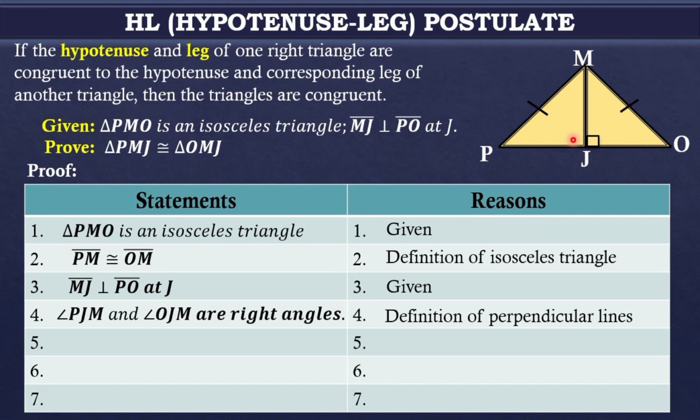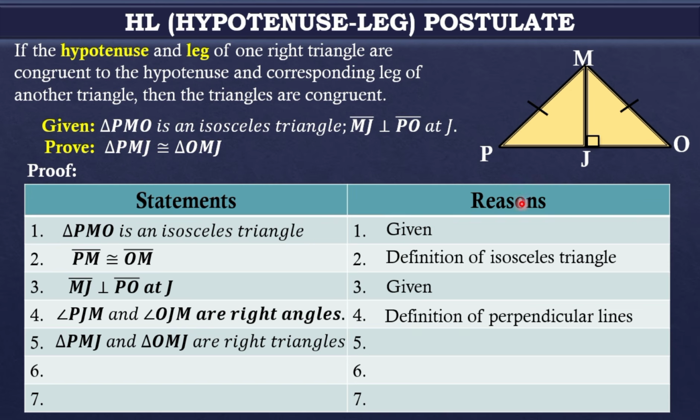Now, if these two angles form right angles, therefore, triangle PMJ and triangle OMJ are right triangles. Okay? Our statements are actually sequential. You get your next statement based on the previous statements.